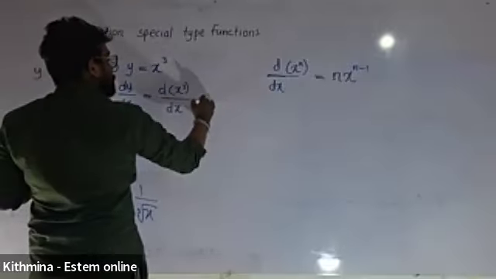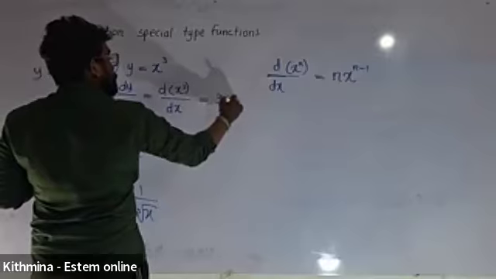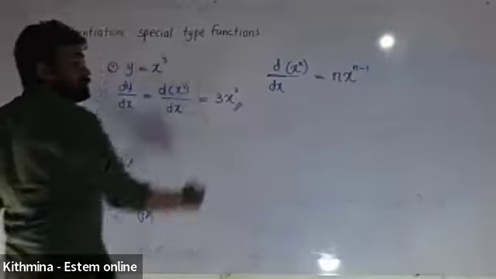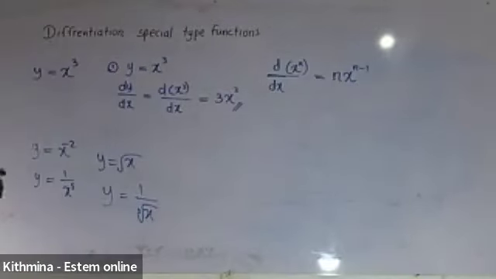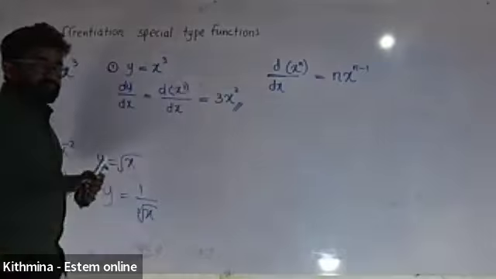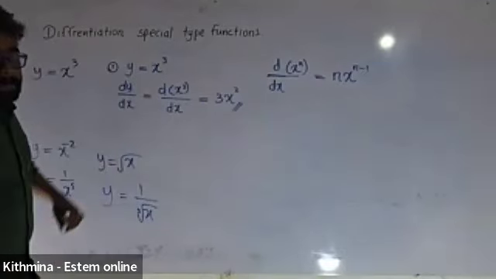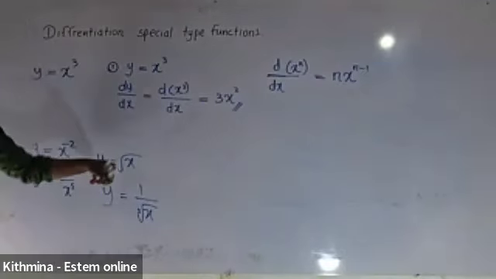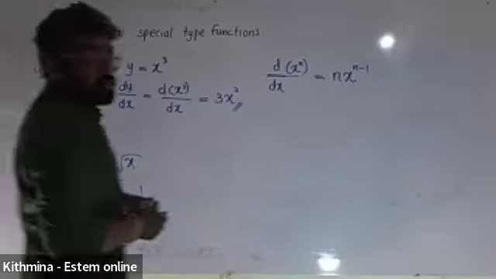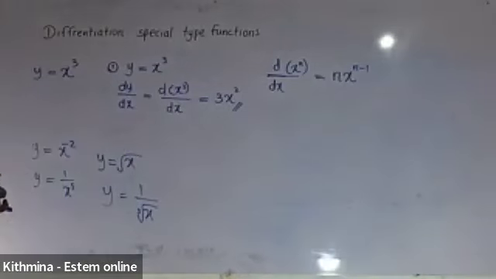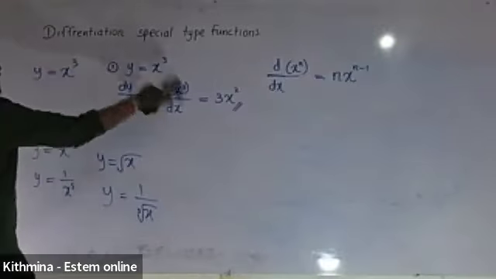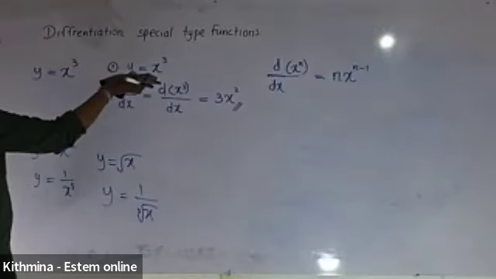Then what's the answer? 3x squared. Why? Is it okay? Okay. Very good. Sunil, what about this? Is it okay?